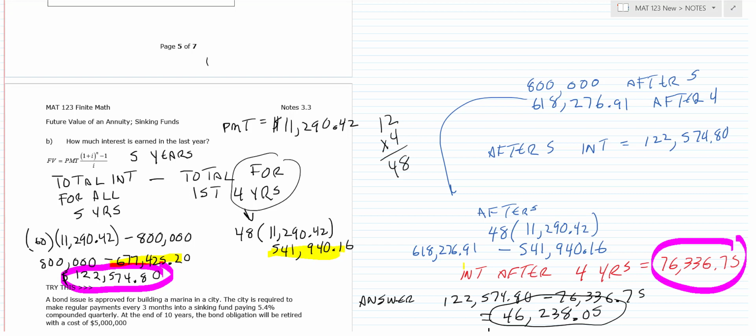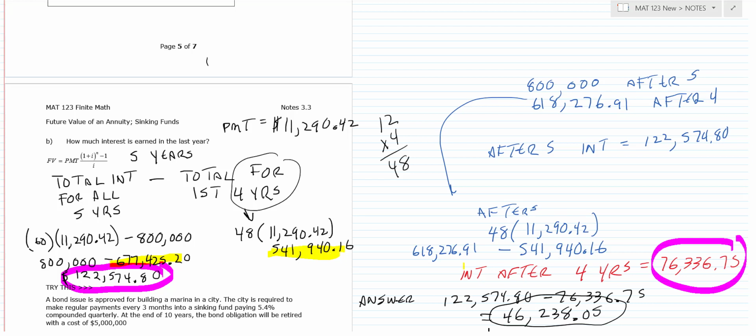Okay? To get this amount, what did we do? After 5 years, 60 payments, right? 5 times 12 is 60 payments. We did that, got that number subtracted from 800,000. That's the number in your annuity. So that's how much interest is earned in the whole thing. Okay? Then what I did here is I went to the TVM solver to figure out how much is in the annuity, the future value after 4 years.